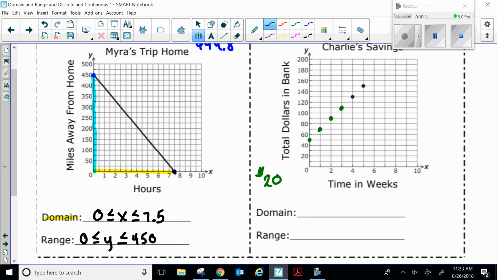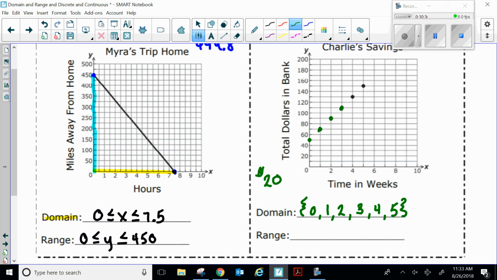Looking at Charlie's savings, my domain is all of my x values. Since it's discrete, they're very specific values. So I have 0, 1, 2, 3, 4, and 5.